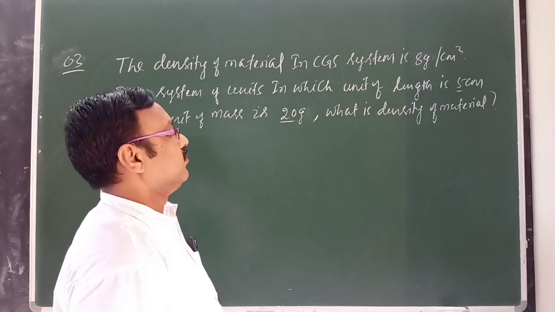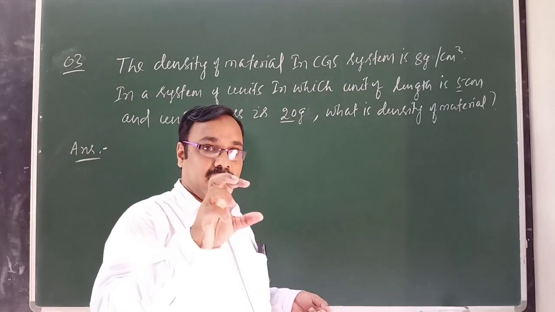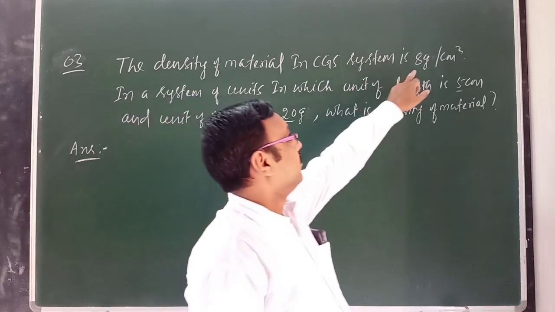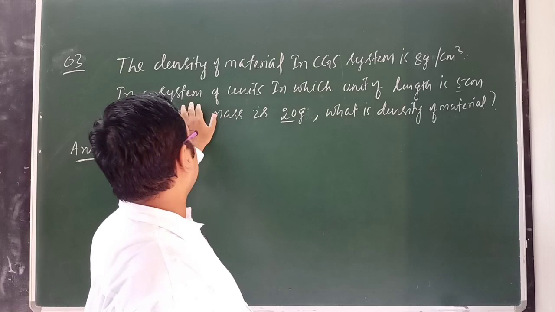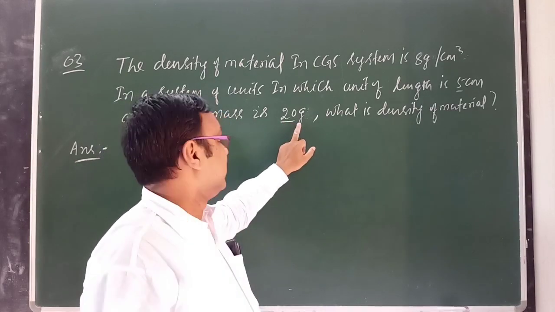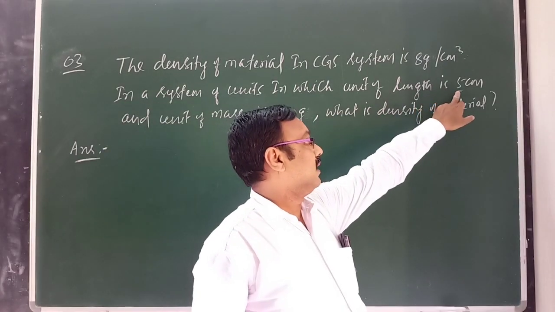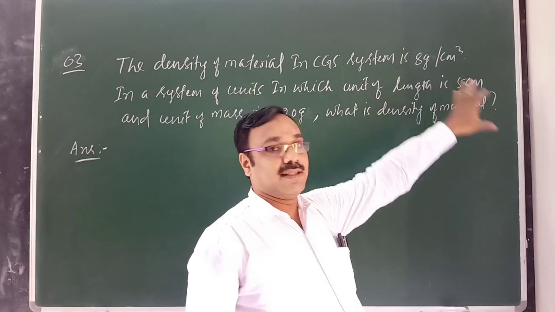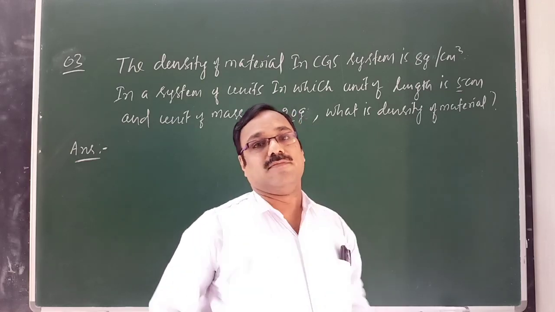So here we don't know about that unit. The density is given as 8 gram per cm cube, and the given mass is 20 gram. We don't know in which unit the mass is 20 gram, and in which unit the length is 5 cm. So we will consider it to be a new system of unit.